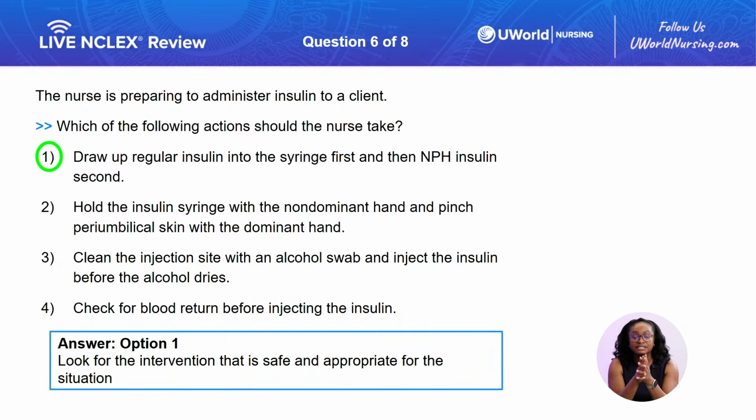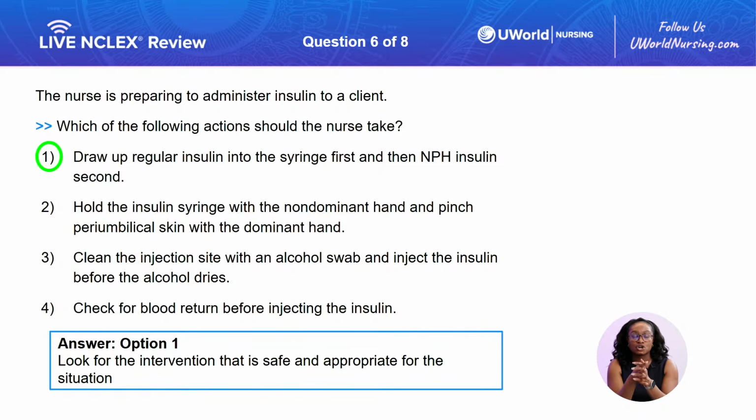But if you do need to mix the insulin, always remember you're an RN, so you should draw up the R, then the N. Regular insulin first, then NPH, or clear, then cloudy. You never want to cross-contaminate NPH, because it is a longer acting insulin, into the regular insulin. That's a short acting insulin. So regular insulin first, then the NPH.